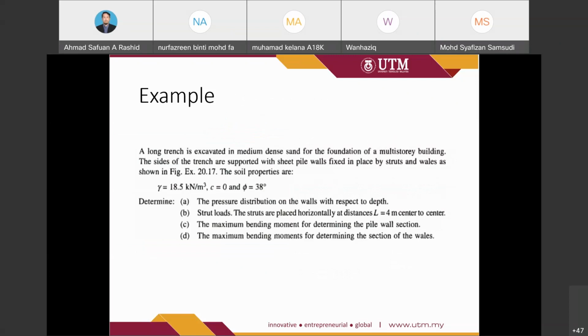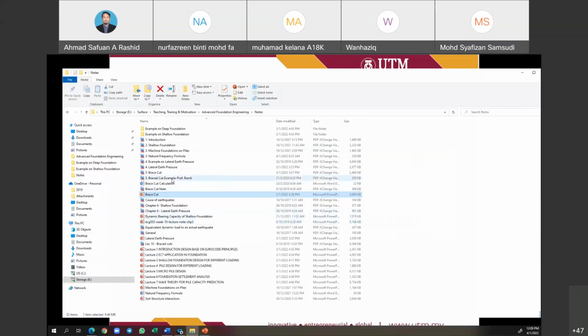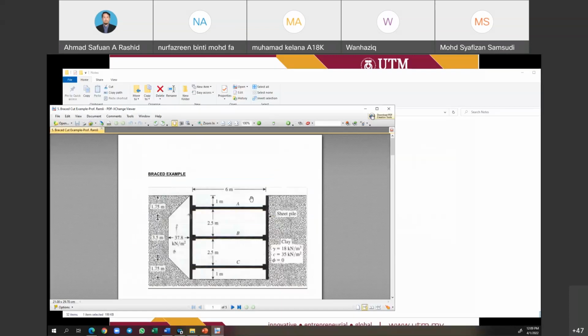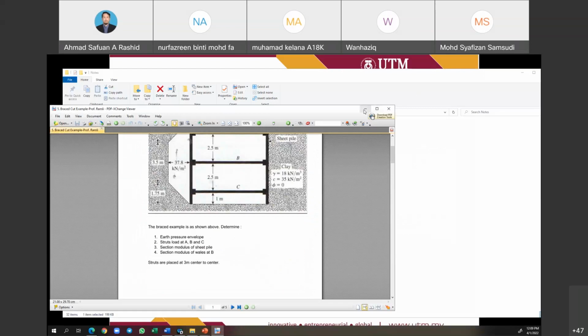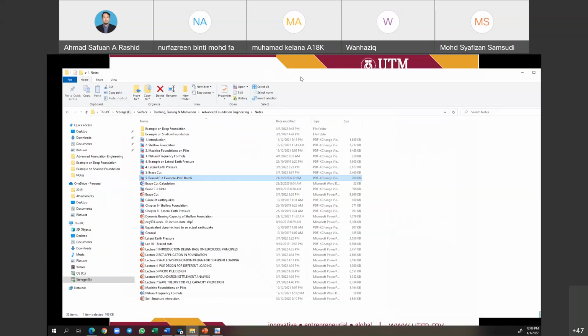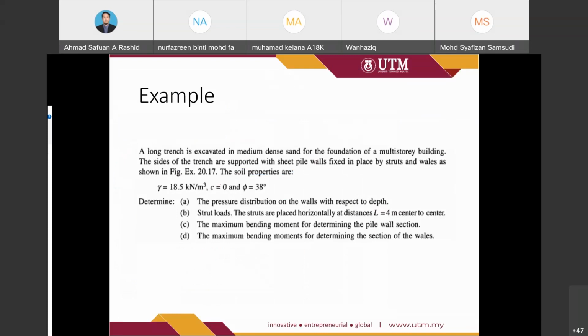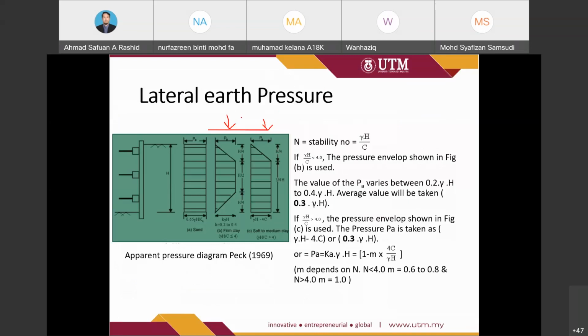Now we may look at one example on a dense sand. I will share another example on the clay after we discuss the sand. For the sand, this is the pressure diagram.